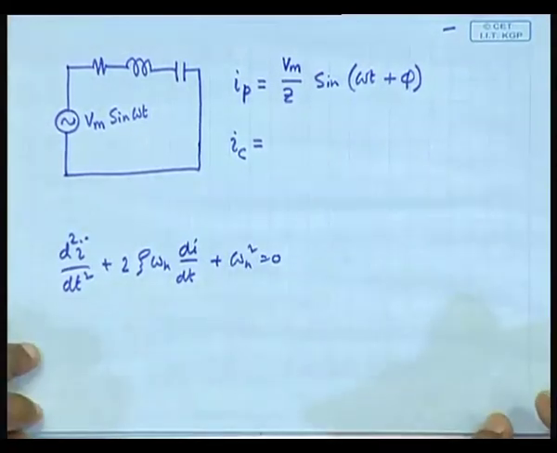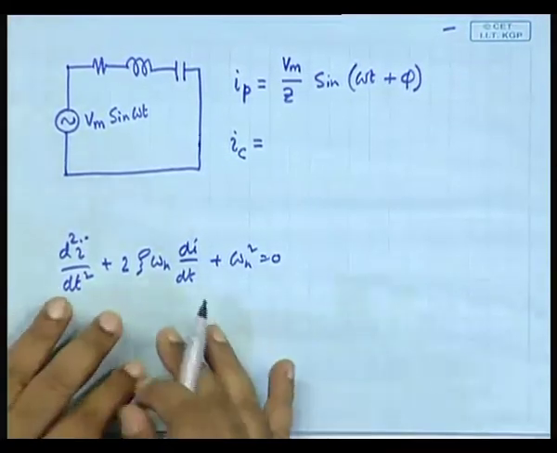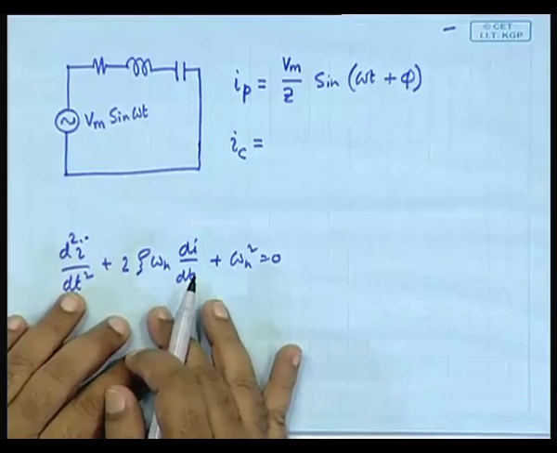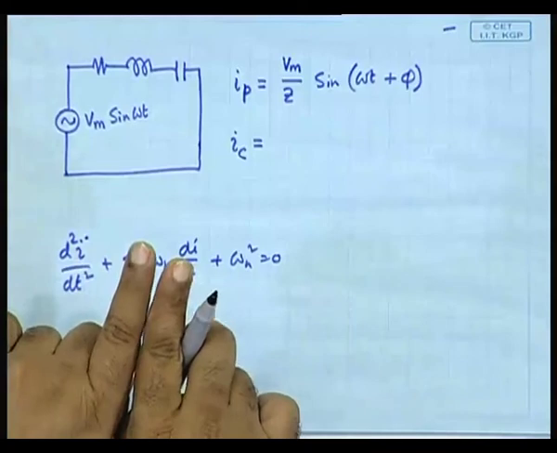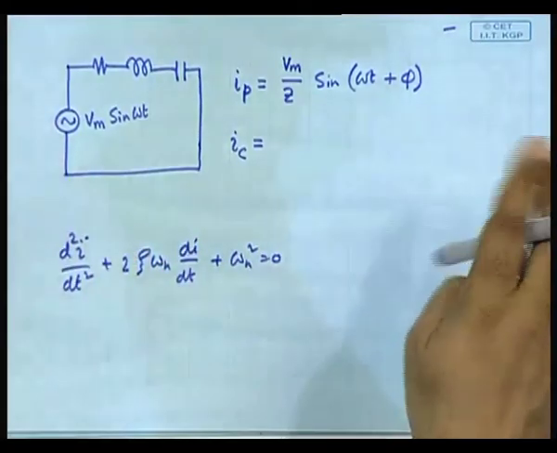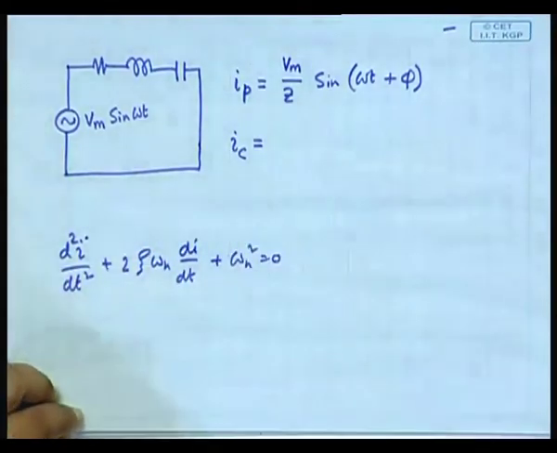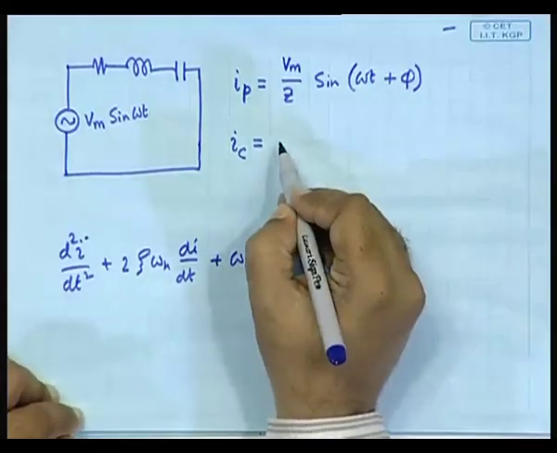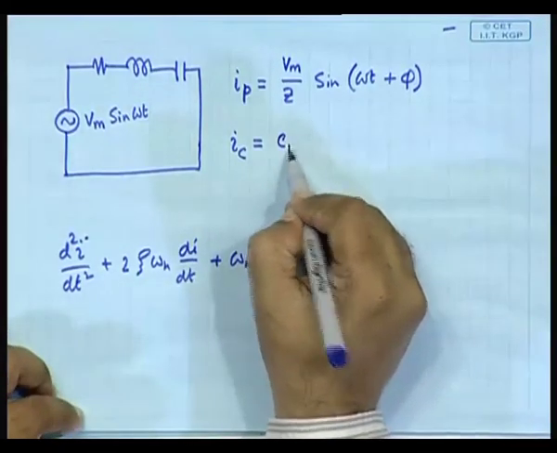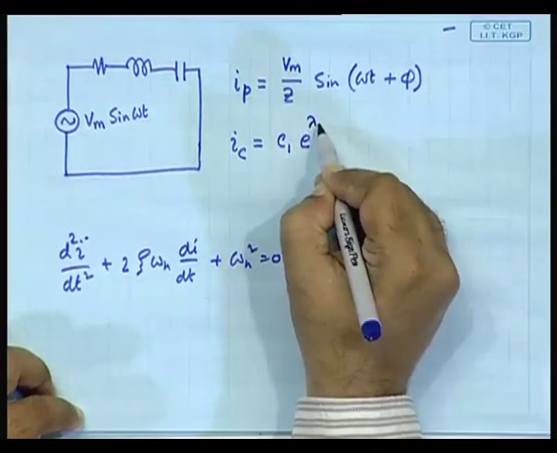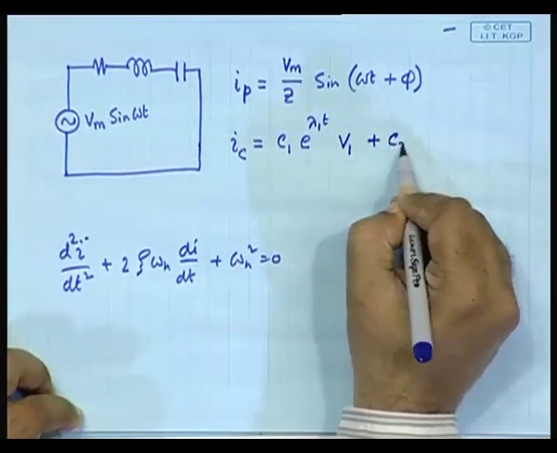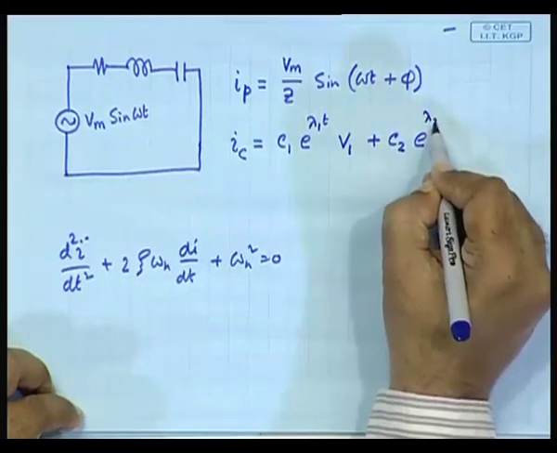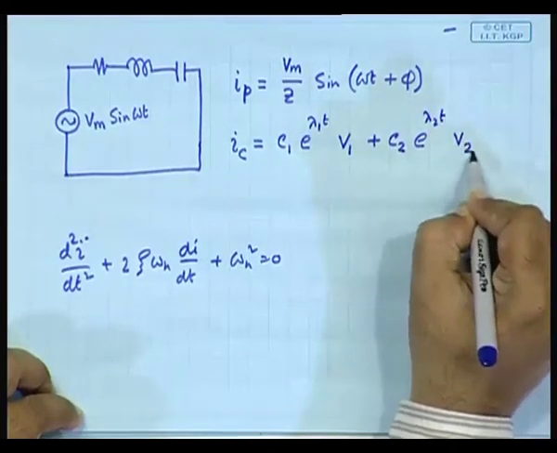Nevertheless, if you have a non-oscillatory solution, in terms of the two eigenvalues there will be two eigenvectors, and you will be able to write the complementary function, the transient part, as C1 e to the power lambda 1 t times its eigenvector V1 plus C2 e to the power lambda 2 t times the eigenvector V2.